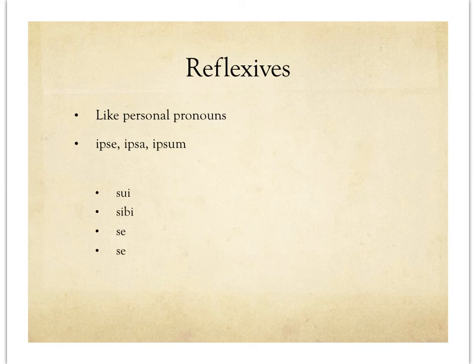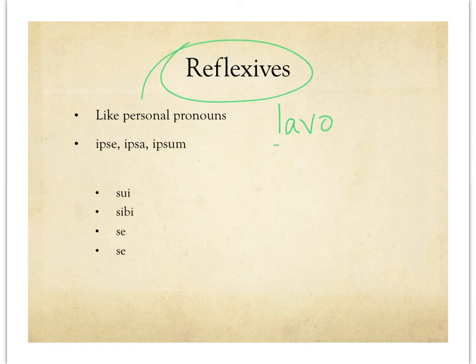The other thing that we can use those personal pronouns for is what we call reflexive usages. And reflexives are really just when the person receiving the action is also the person doing the action. So we often think about words where you do something to yourself, like lavo, wash.